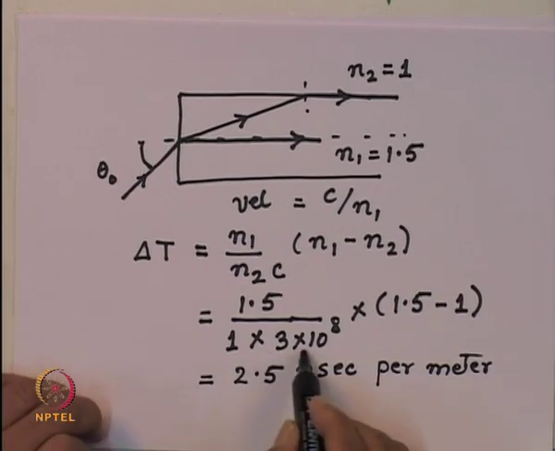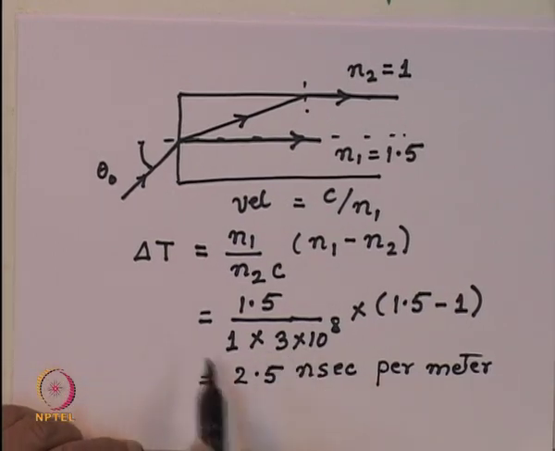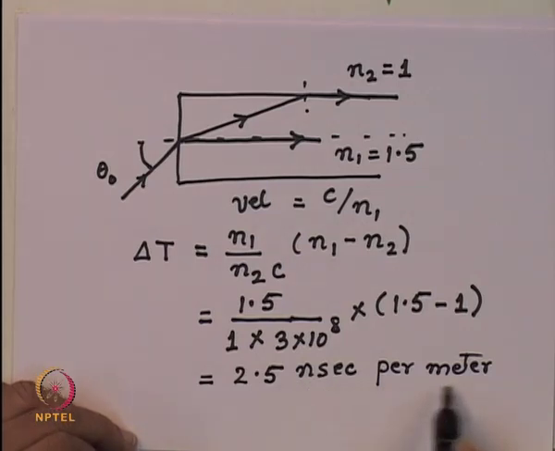Since we have used the velocity of light in terms of meters here, the unit for this time is nanoseconds per meter.